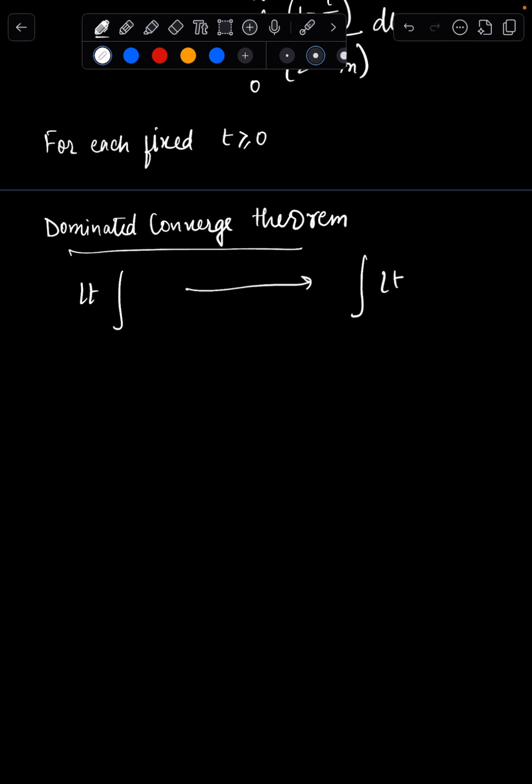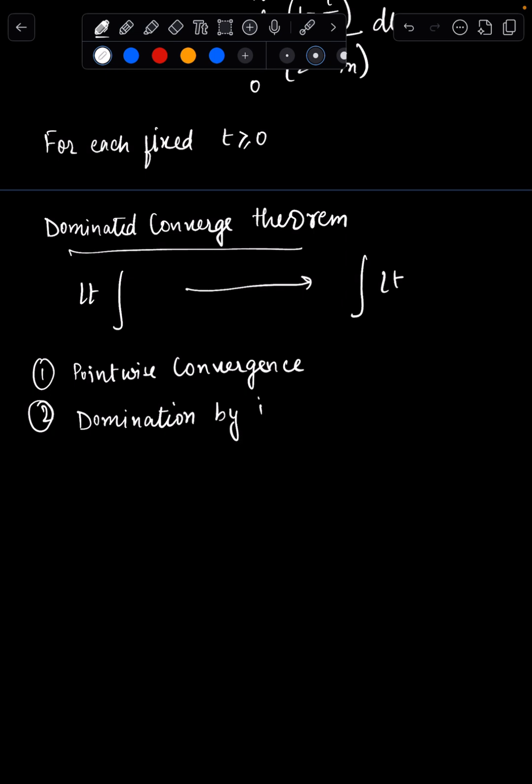Now there are two points to it which you have to be careful about. First thing is that this theorem only applies when there is pointwise convergence. I'll show you what it means. And the second thing is the domination by an integrable function.